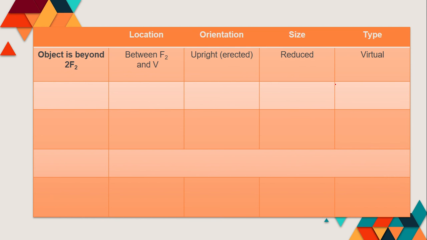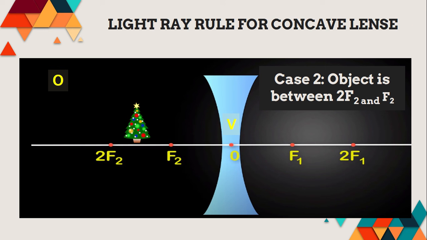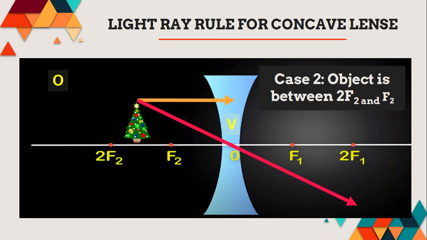Yan, ganyan. How about, lagay natin, case number 2. The object is between 2F2 and F2. 2F2 and F2 kanina nandito to sa kabila, di ba? So, tingnan nga natin. So, ganyan. Pass through. Yan, tingnan natin kung magkakaroon ng image. Image form. Yes, may image form na ulit. At kung napansin nyo, on the same location.